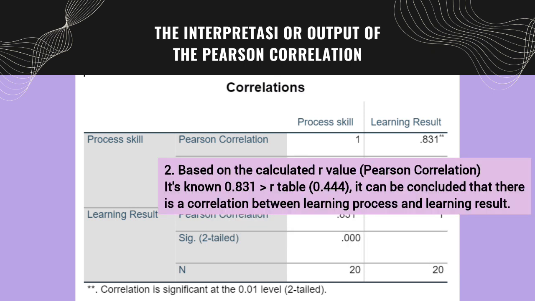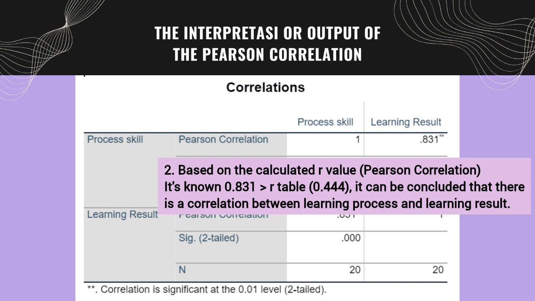And the second one is based on the calculated R value of Pearson correlations. It's known that 0.831, and that is bigger than our table, 0.444, it can be concluded that there is a correlation between the learning process and the learning results.